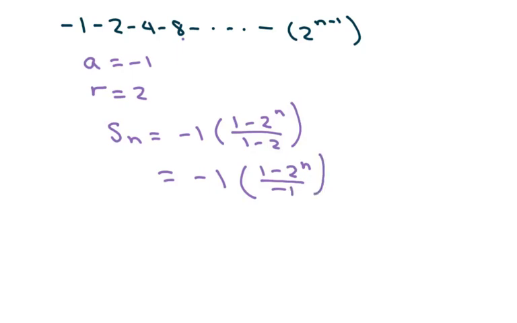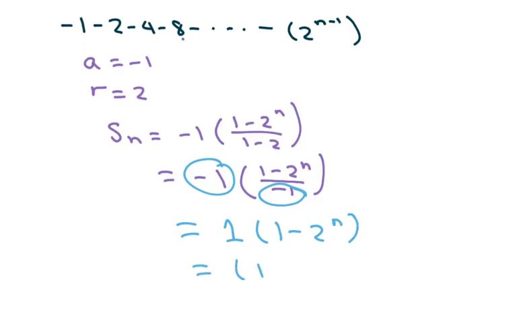I divide these two, and that just gives me 1 minus 2 to the little n. And that's your sum.